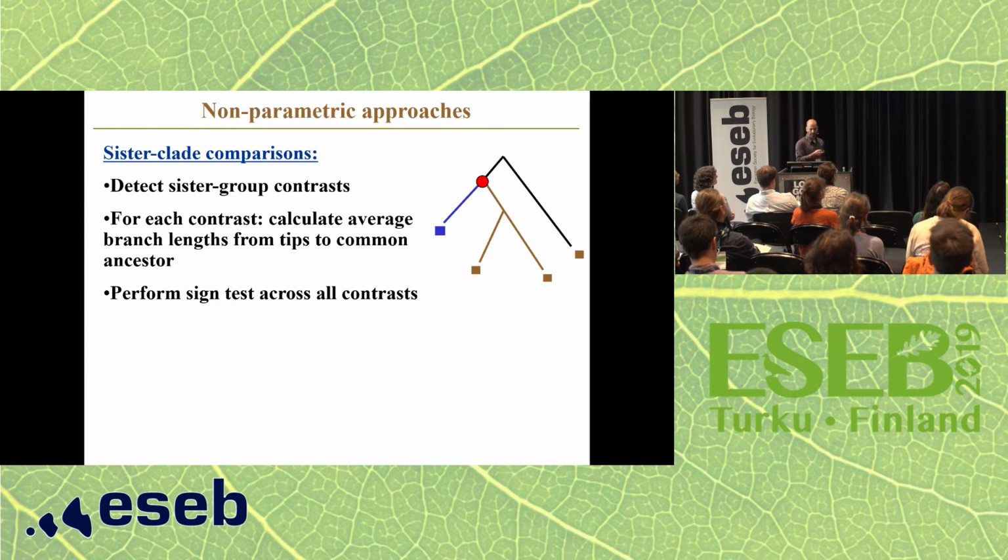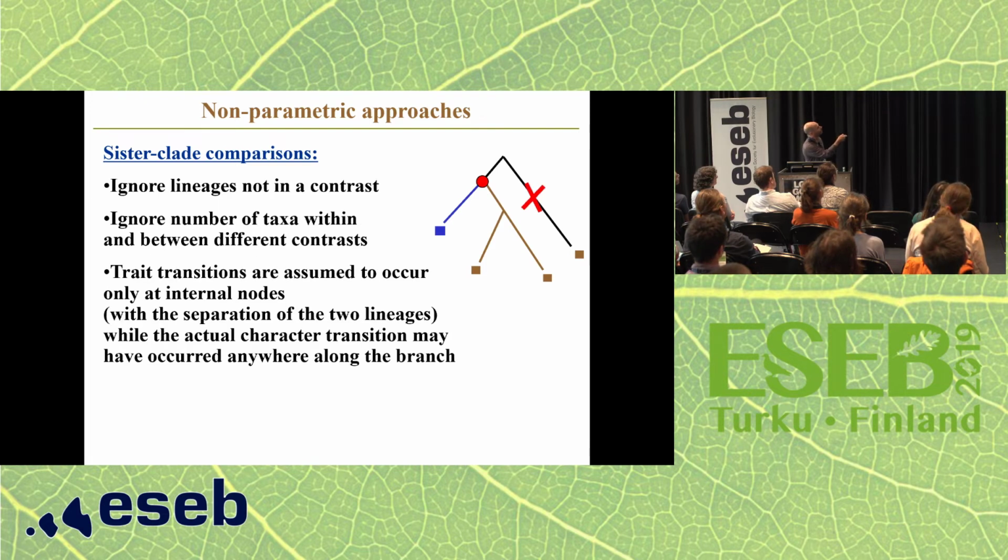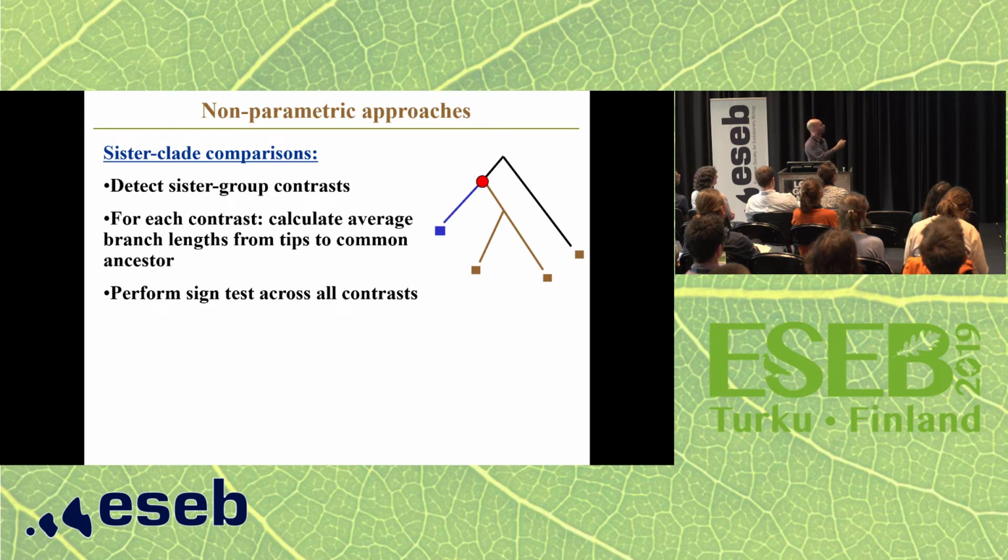First of all, it detects sister group contrasts, meaning we would like to detect internal nodes in the tree in which one part is entirely green in this example, and the other part of the sister clade is entirely blue. And then for each contrast, we calculate the average branch length from the tip to the common ancestor. And then we just perform a sign test across all contrasts.